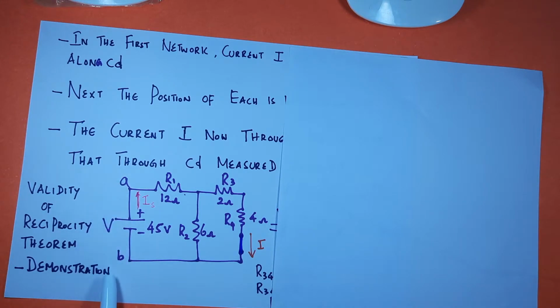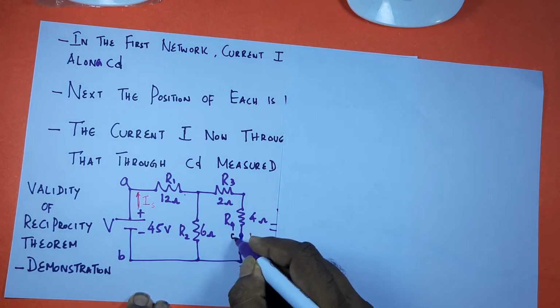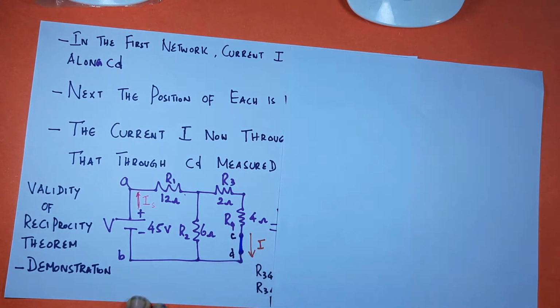So between point A and B, we have the voltage source 45 volts, R1 12 ohm, R2 6 ohm, R3 2 ohm, R4 is 4 ohm. Okay. Now, say that this point C, this point D. The current from the source we denote by IS. Due to the single voltage source, the response in this portion CD, let it be I.